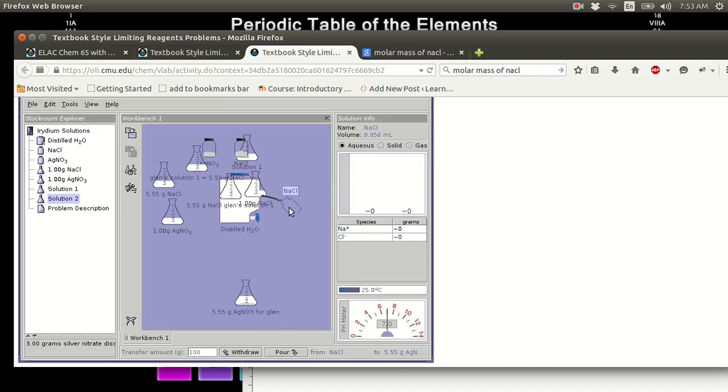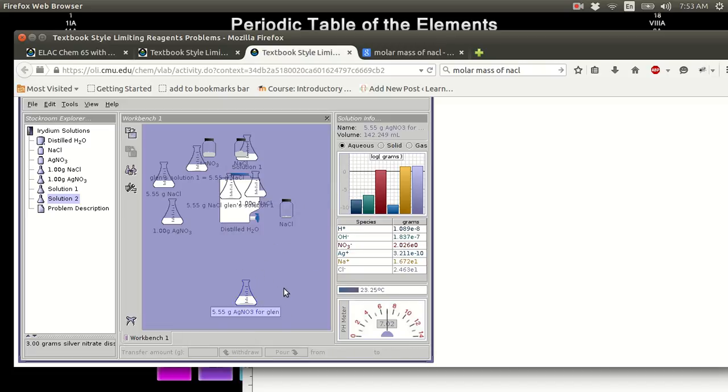Okay, so I am sure that you can see there's some gray stuff here. Isn't that funny? I am sure that after adding 100 grams of NaCl to my 5.55 grams of AgNO3, and for you it's going to be 3.00 grams of AgNO3, I have completed whatever reaction was going to happen.